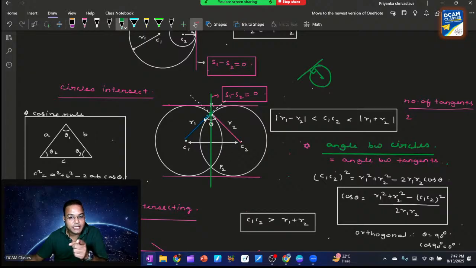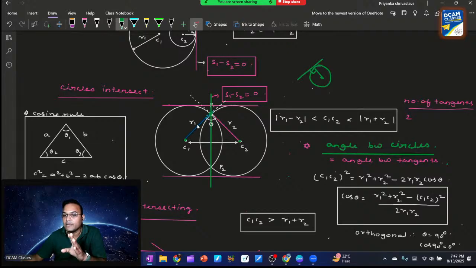But in this particular case, it looks like R1 is the tangent to R2 here, but it's not. R1 is not tangent to the other circle. It's just a line connecting the point of intersection to the centers. This R1 is never a tangent.